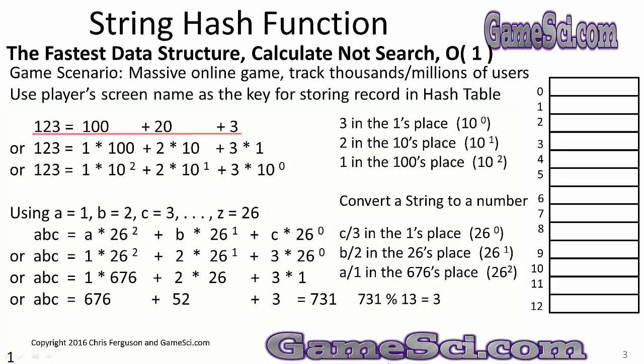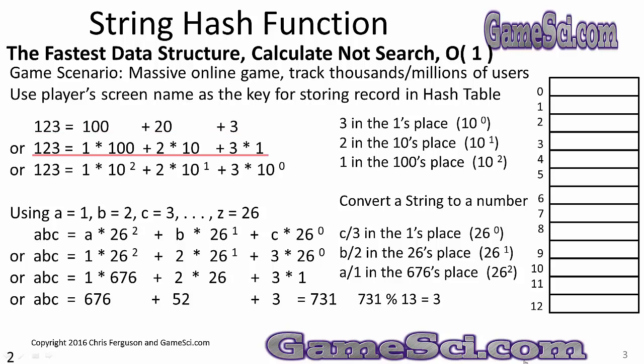First step to understanding how to convert a string to a number is to understand numbers. If you look at the number 123, it can be broken down into equaling 100 plus 20 plus 3. In the third grade, your teacher taught you the 2 was in the tens place and the 3 was in the ones place of the number 123.